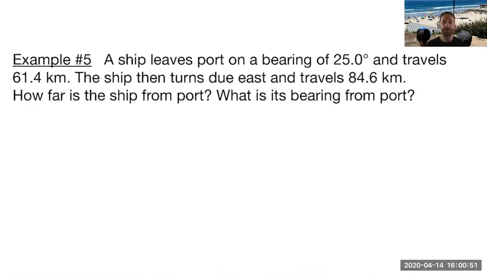So here's our 5th and final example. And of course, I saved the best for last, didn't I? Here is one of those types that has bearings, where we're out at sea and we don't really have a McDonald's or Taco Bell to say, take a right or left at. All we have are blue horizons.